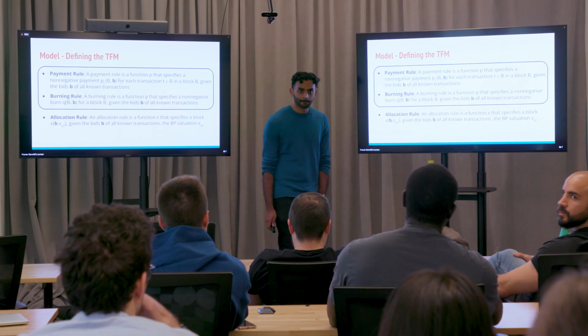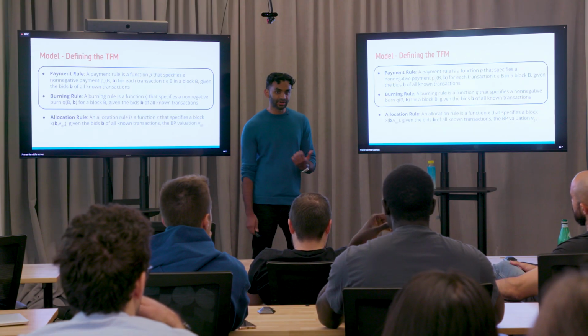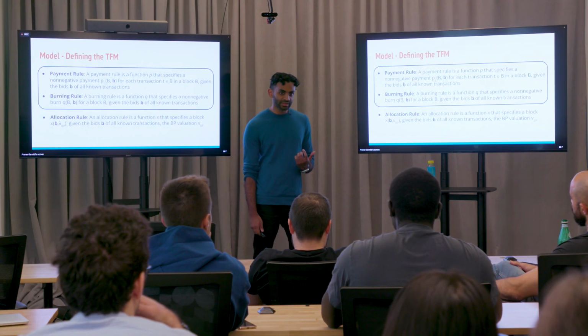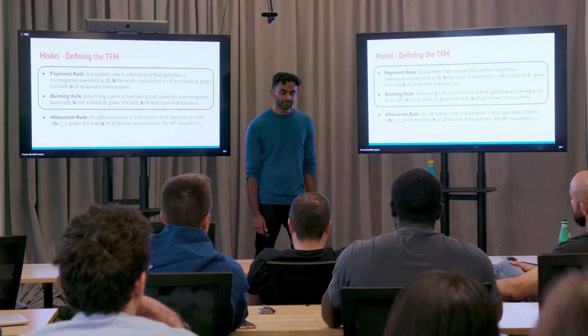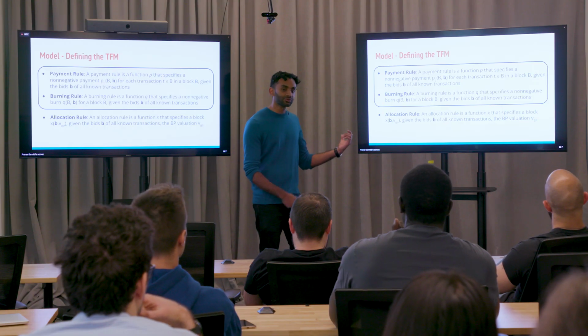Yep. So the allocation rule should be independent of the distribution of user valuations. You're allowed to take in this vector of bids, so in that case, it can be a function of the distribution of user valuations. I'm not sure if I understood the question correctly. Okay, so these are the realized bids.